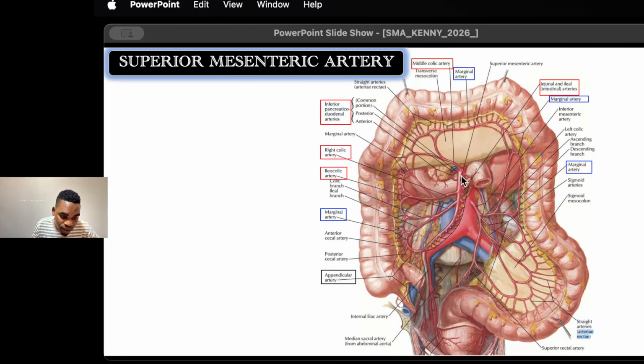Okay, the second branch we've said is the right colic artery. This right colic artery is supplying the ascending colon. It's going to anastomose with the left branch of the middle colic artery. It also anastomoses with the ileocolic artery. The ileocolic artery, I've said, has two parts: the colic branch and the ileal branch.